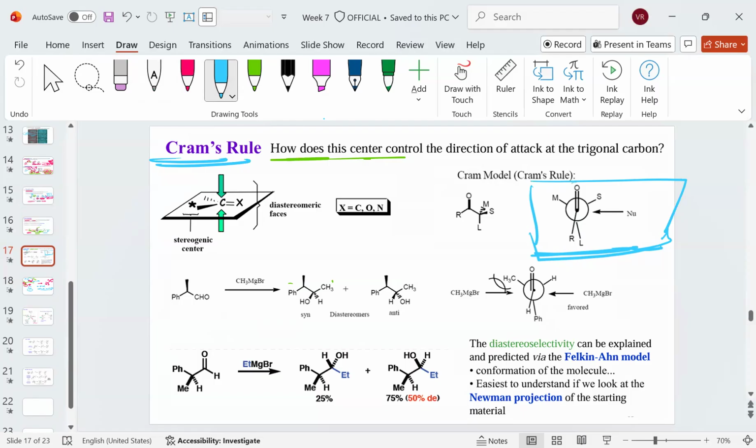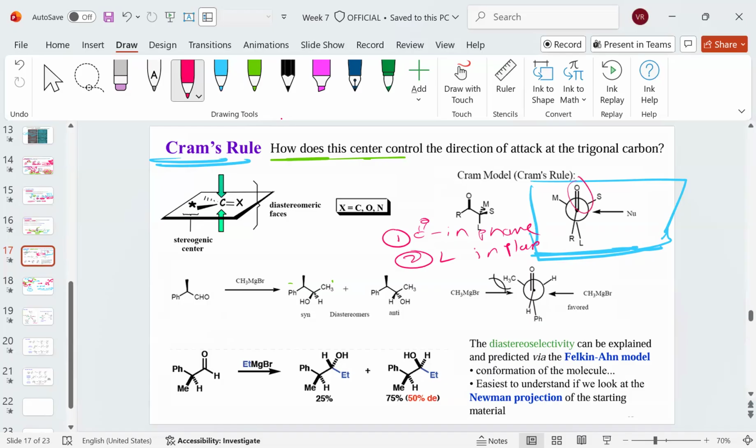So this carbonyl group and this R group will be in the plane. Secondly, we have to draw the large group in the plane but anti to the carbonyl.